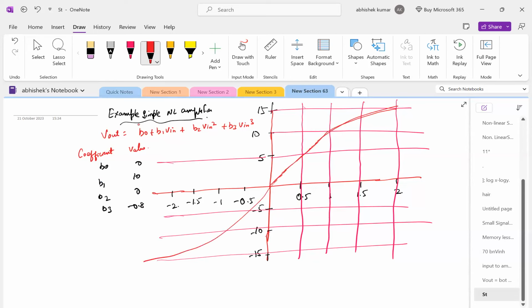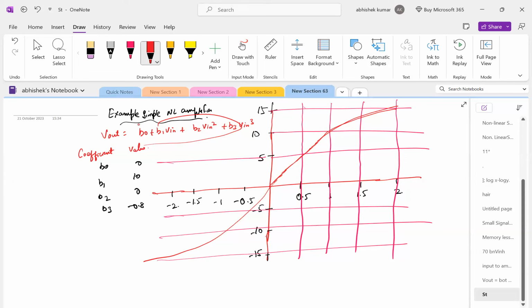You can see this is the nonlinear system graph. Depending on the different values, it is behaving in that way. In your exam, they can give you one equation and the coefficient values, and you have to draw the graph. That is the nonlinearity graph.